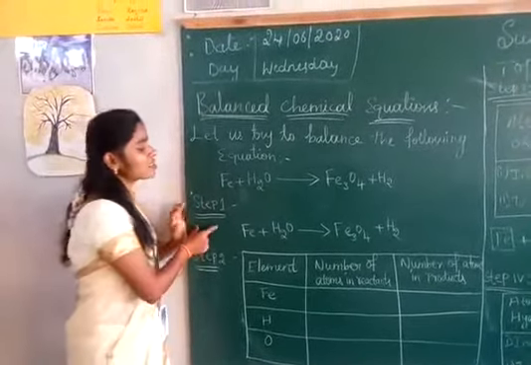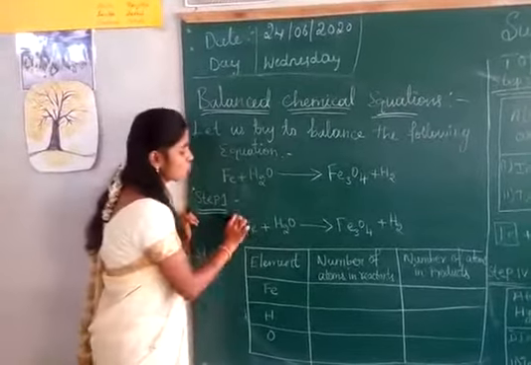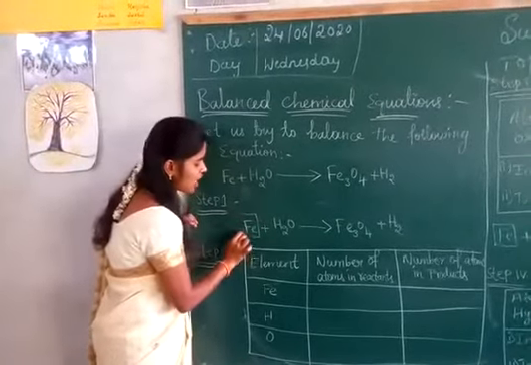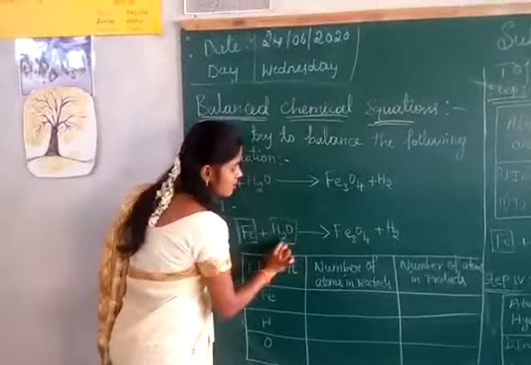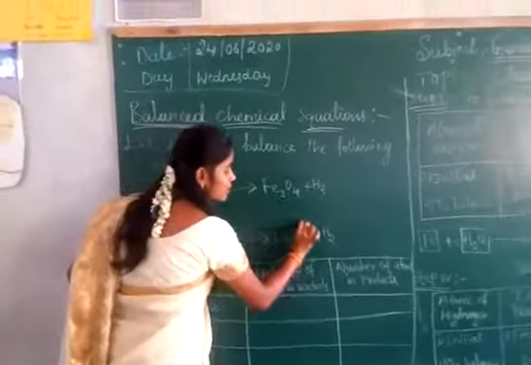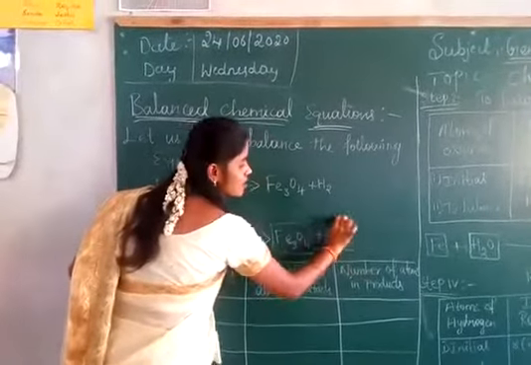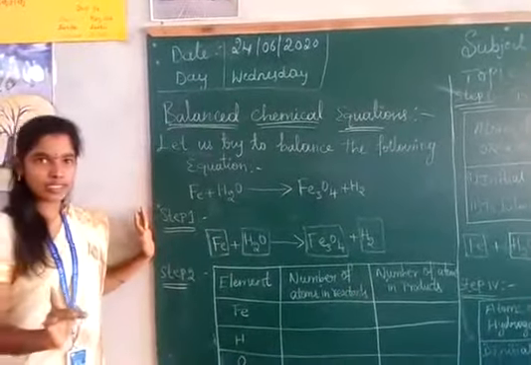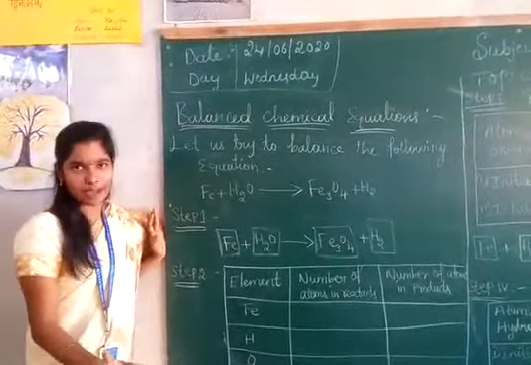Listen. The first step to balance a chemical equation is to draw boxes around each element. Understand, children, properly? You have to draw boxes around each element.